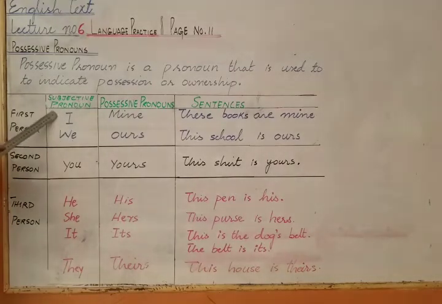Example: I run, we play, you sleep, he works, she cooks, it jumps, they fight. So these are the subjective pronouns.